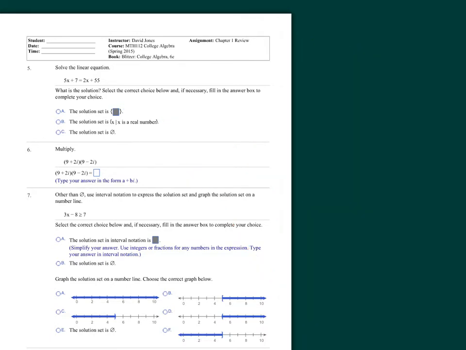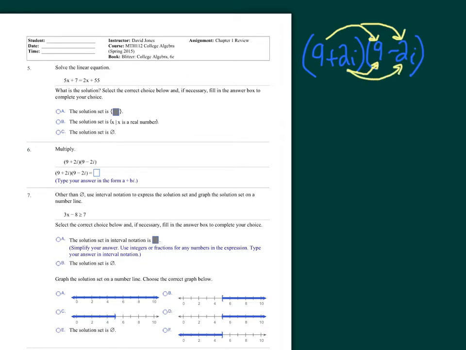Next up, number 6, we've got 9 plus 2i times 9 minus 2i. These are conjugates, by the way, which means they're the same, but they've got a different sign in the middle. We're just going to solve this like we might normally solve a pair of binomials being multiplied.